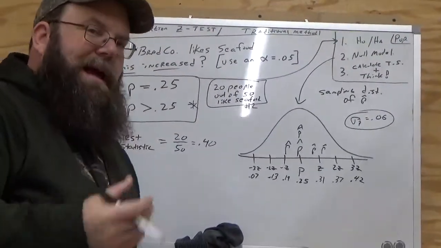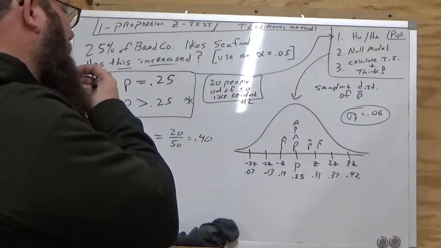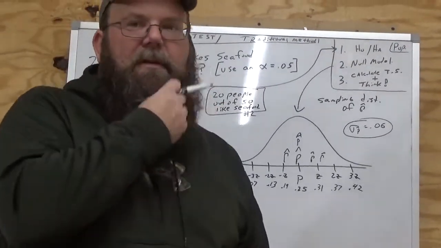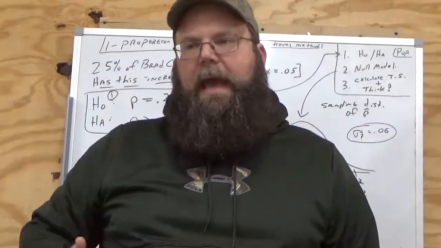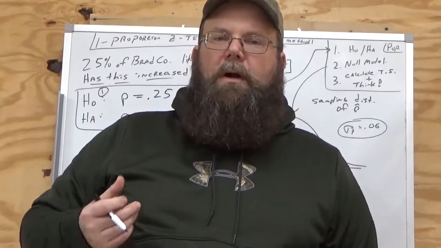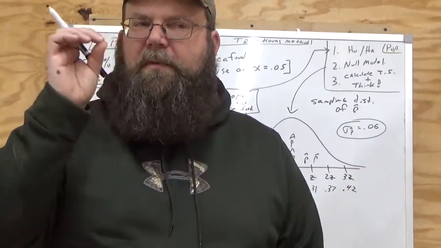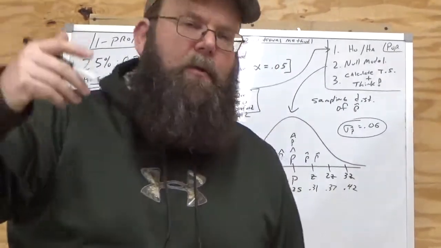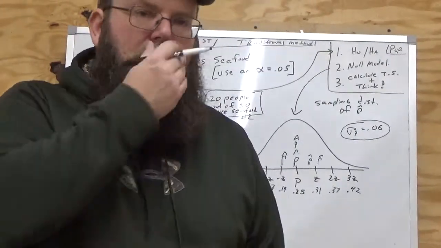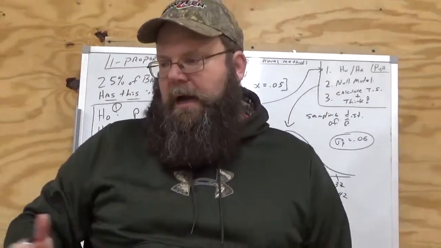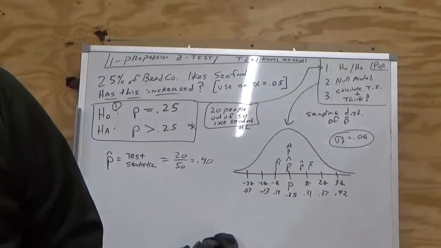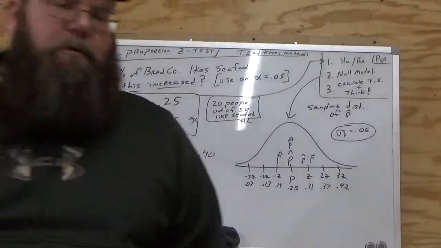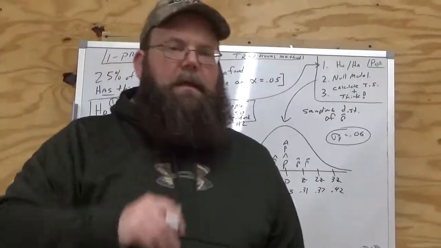If you're naive, you might say, well, 40% is higher than 25, so yeah, it went up. But what if it wasn't so high? What if you got 30%, and it was only up just a little bit? We're going to get to that.